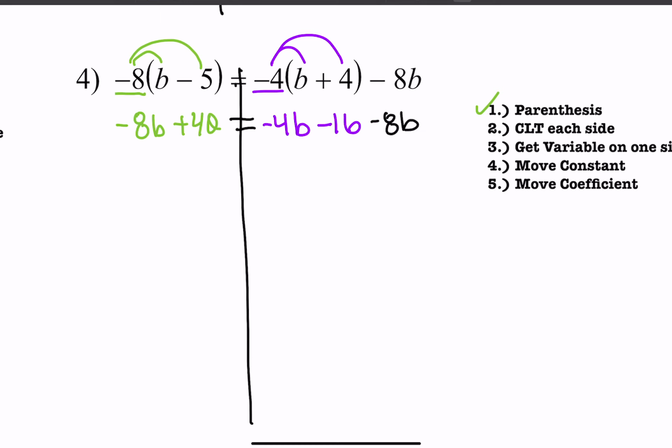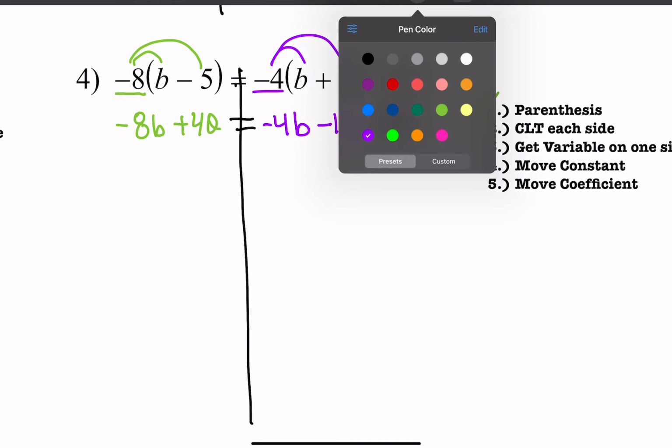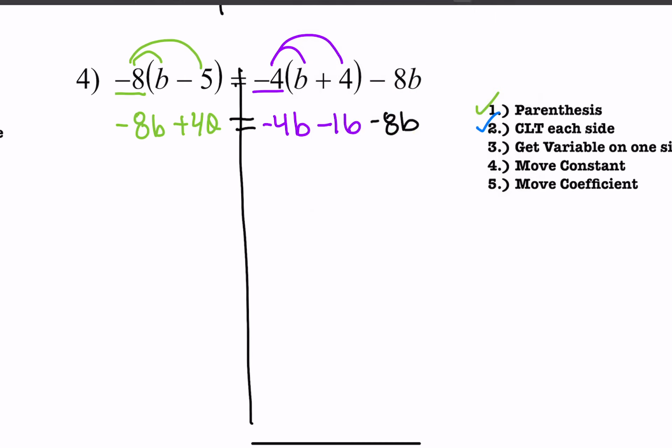It doesn't change. Then I check for combining like terms, which I do have to do, because negative 4b and a negative 8b, so negative 4b plus a negative 8b is a negative 12b. So I get a negative 12b. Minus 16 comes down.